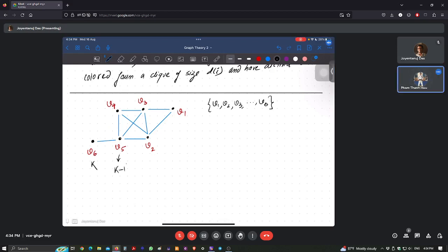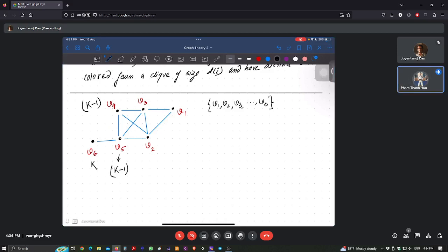This is k minus one, right? Because we are adding back. Then k minus one as well. Now v4 is also k minus one. But v2 and v3 become k minus 2.